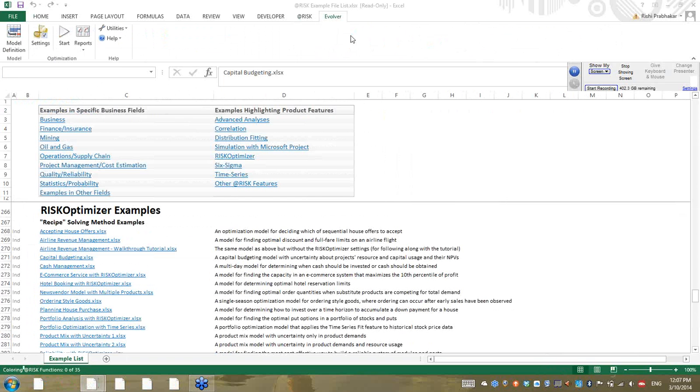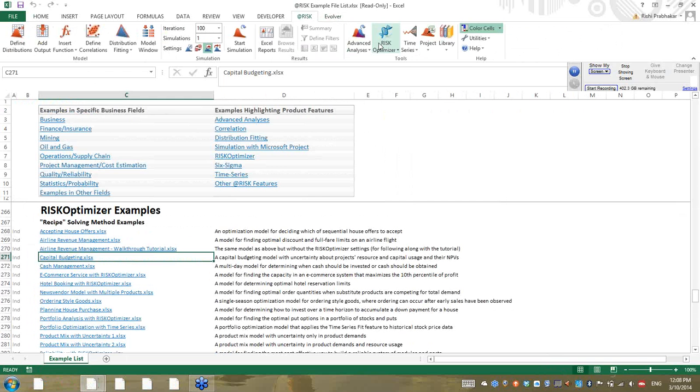Another quick note for you is that RISKOptimizer is available in @RISK Industrial, which means you either need @RISK Industrial or Decision Tools Suite Industrial to be able to utilize RISKOptimizer. You'll know that you do have it because the button is available on the toolbar. If you don't have the RISKOptimizer button, then you don't have @RISK Industrial. You'll also note that you won't have a time series button either.